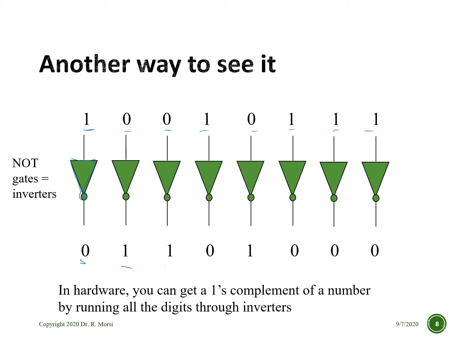Each input comes in and gets flipped to the opposite, which is the 1's complement. So in hardware, you can get the 1's complement of a number by running every digit into an inverter, or a NOT gate.